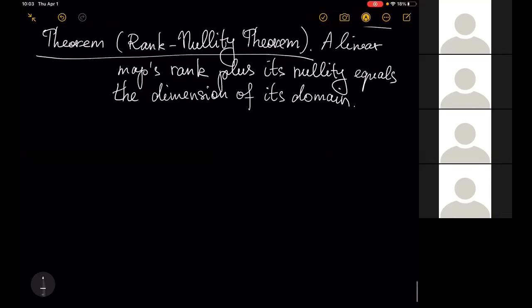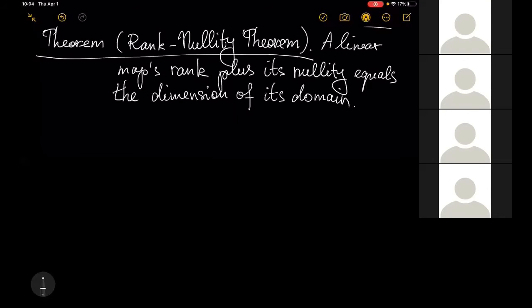Okay, but we are proving it not only for systems of linear equations, which is just a special case, as we shall see, a very general but special case of a linear map. So we will prove it for a general linear map.